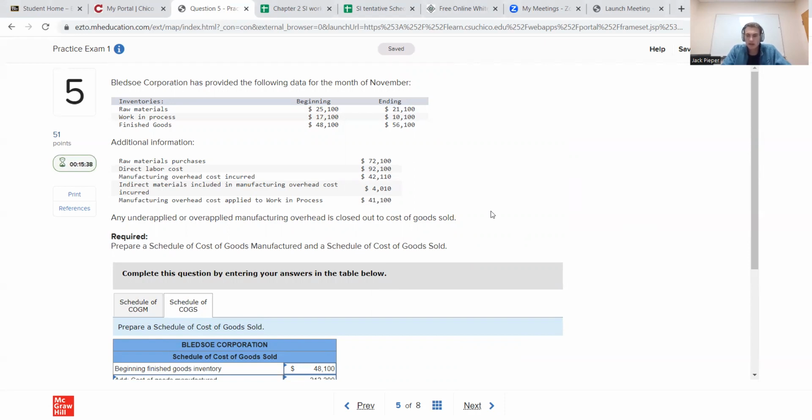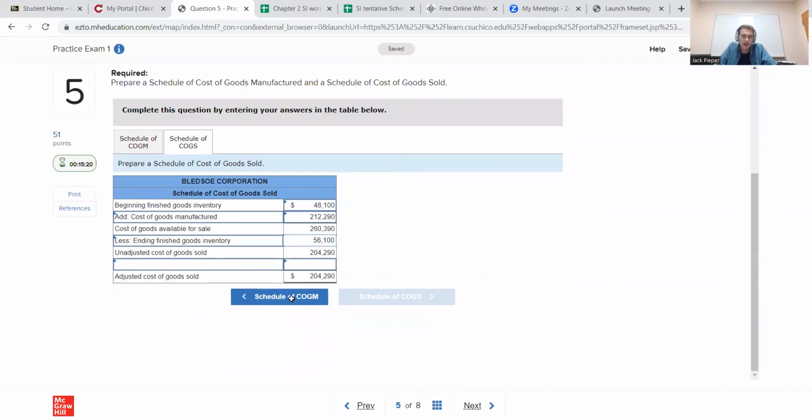Okay. So it might be instinctual to say, okay, if the number's negative or whatever, I'm going to do X, Y, Z. What I like to do is I figure out if it's over applied or under applied, and then by how much. So we can just see it here. We under applied our overhead because we applied less than we incurred, and we under applied it by that much.